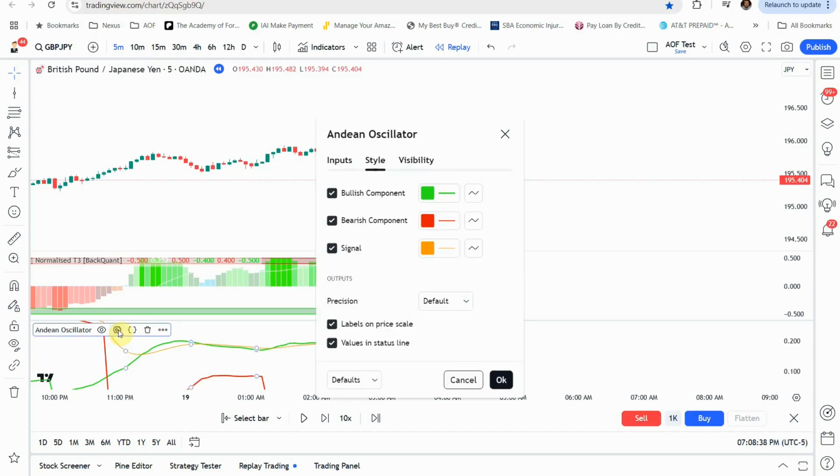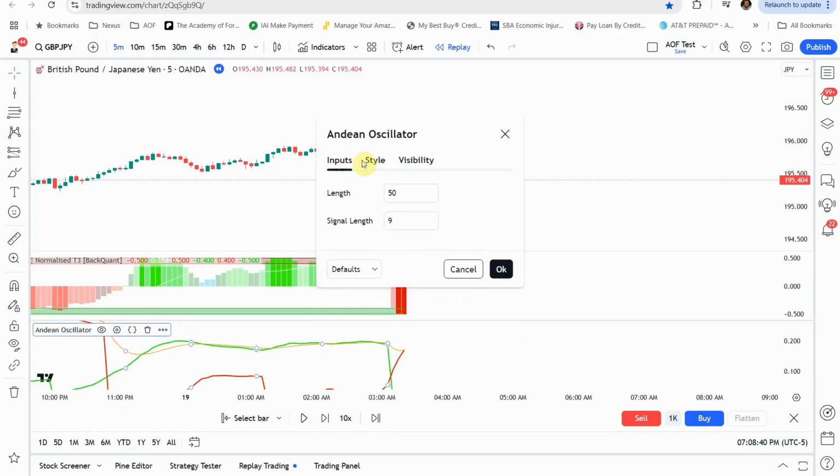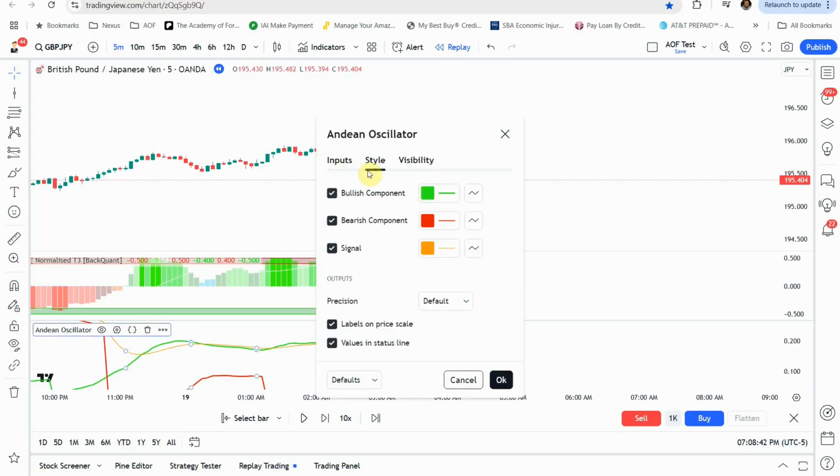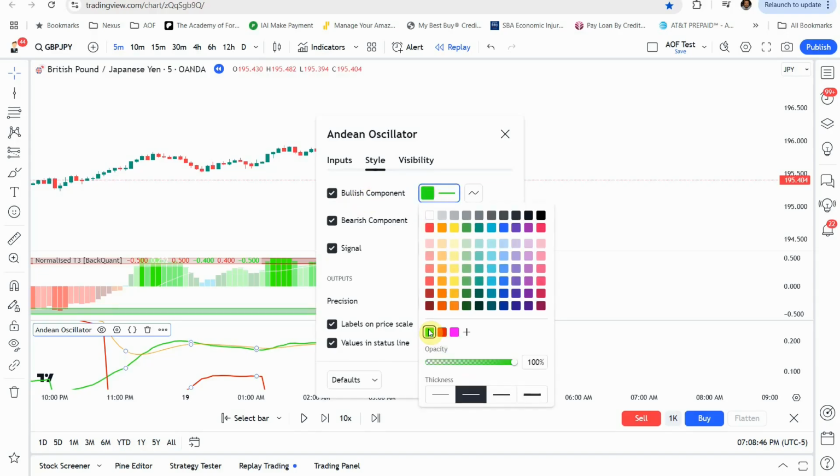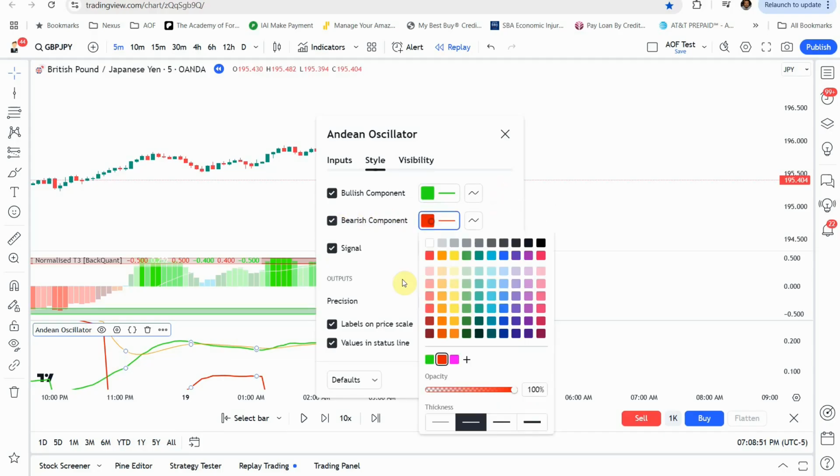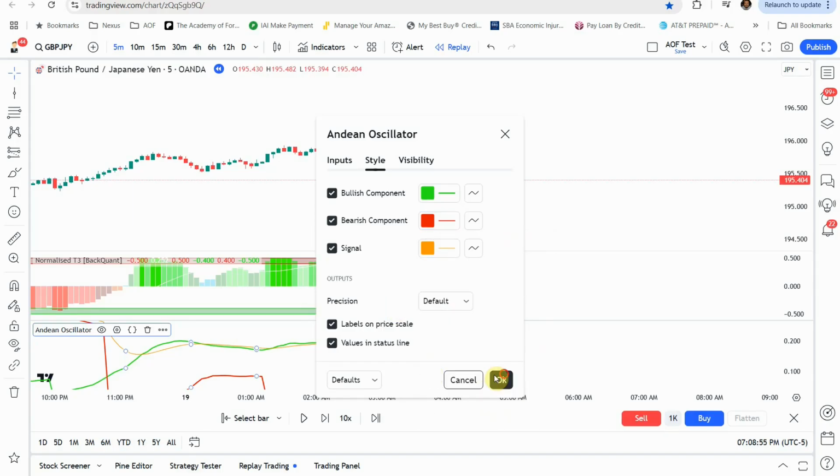This one we'll leave on its default inputs, but under the styles, we'll go to the bullish component, make that a little bit more vibrant green, and bump up the line weight 1 thickness. The bearish, I made more vibrant red and bumped up the line thickness just 1 there as well.